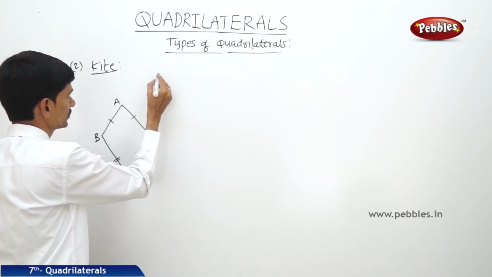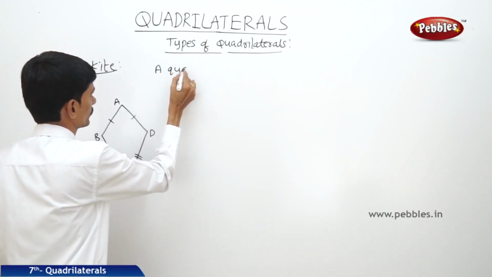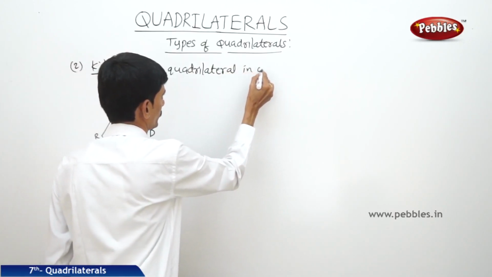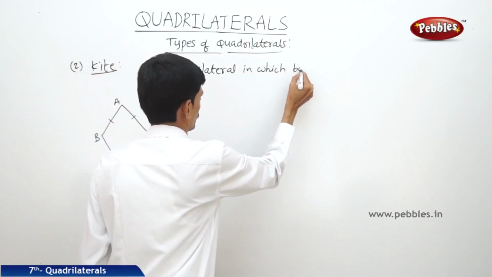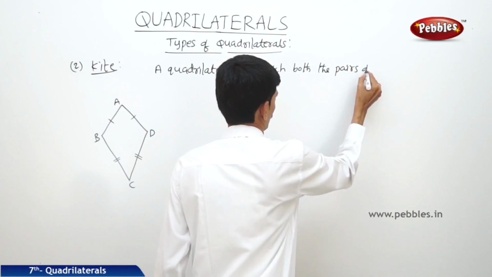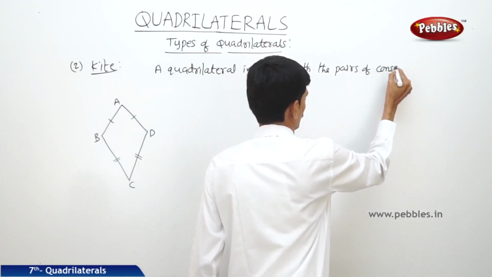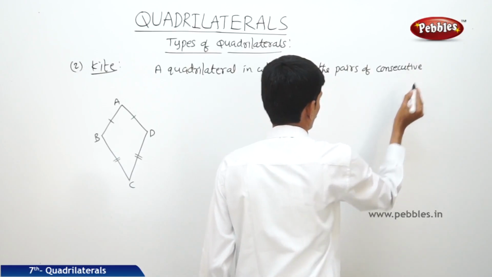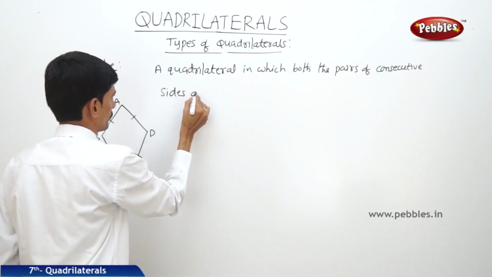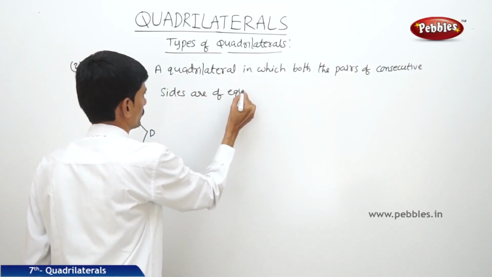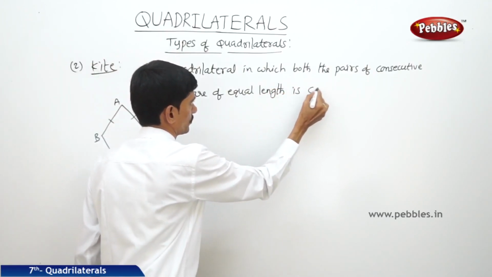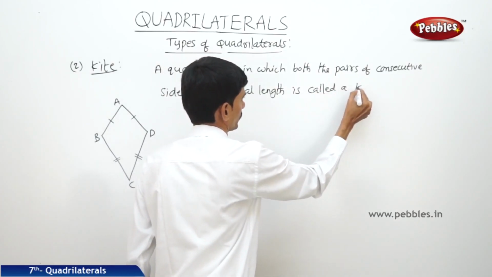Now if you define the kite, a quadrilateral in which both the pairs of consecutive sides are of equal length is called a kite.